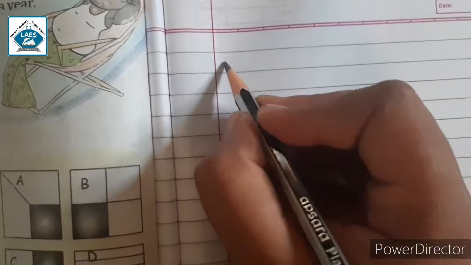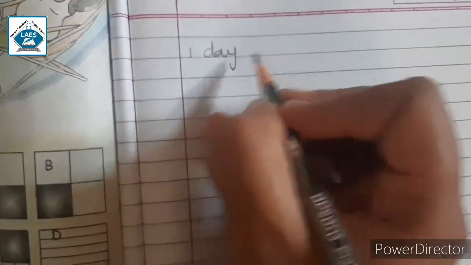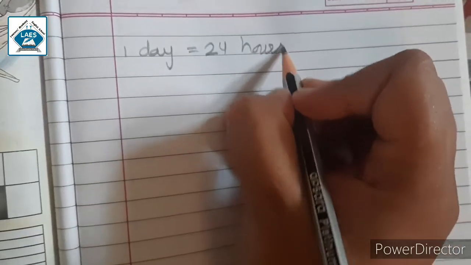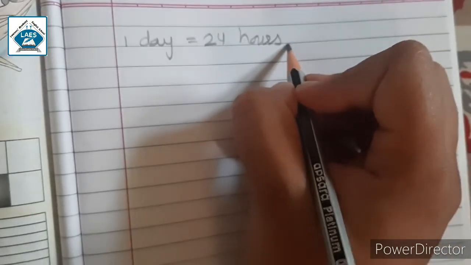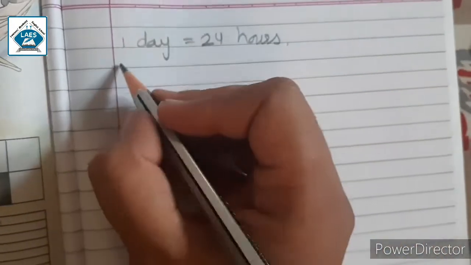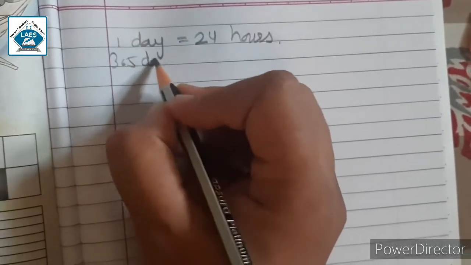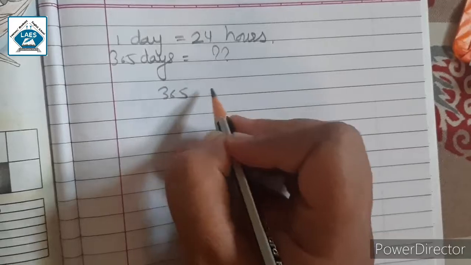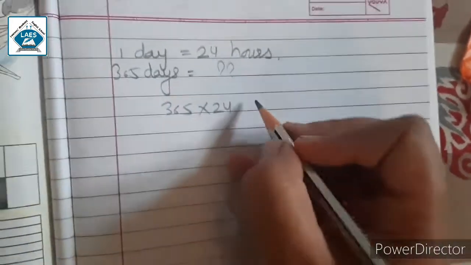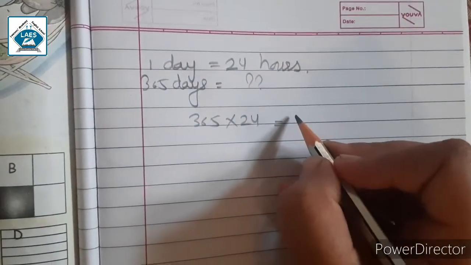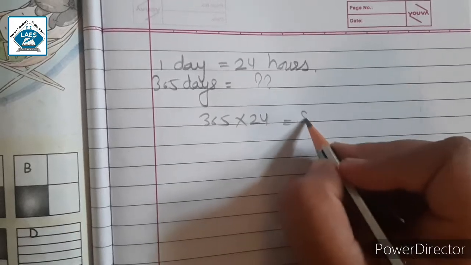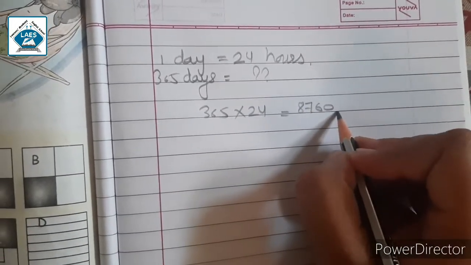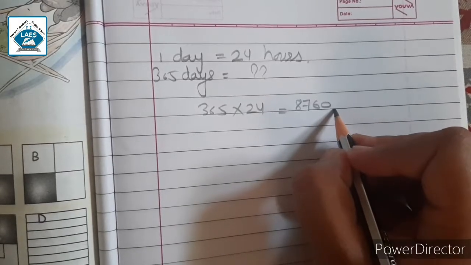Here, one day is equal to 24 hours. 1 year has 365 days. So 365 multiplied by 24 is equal to 8760. So this is the total hours.